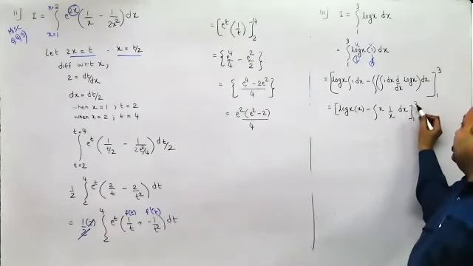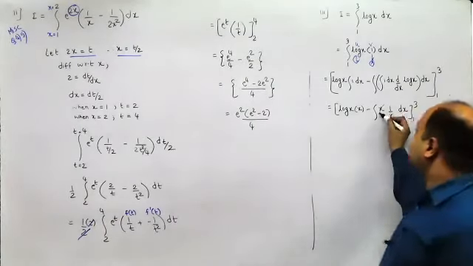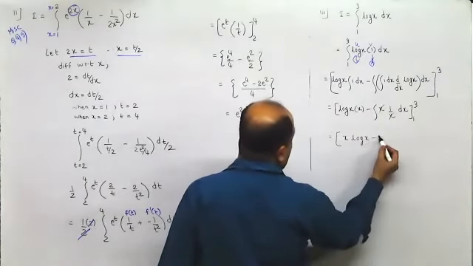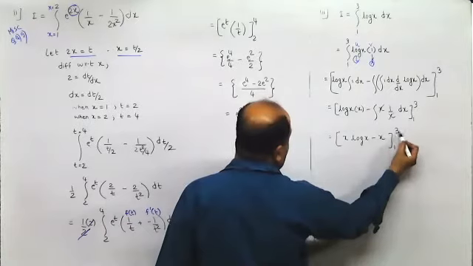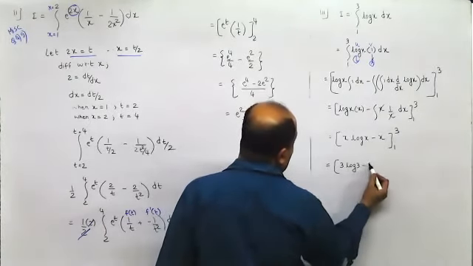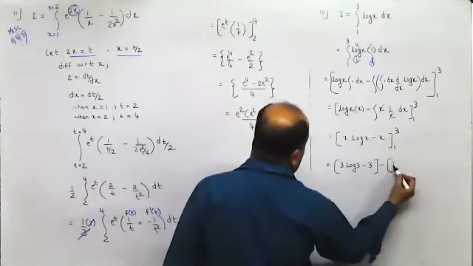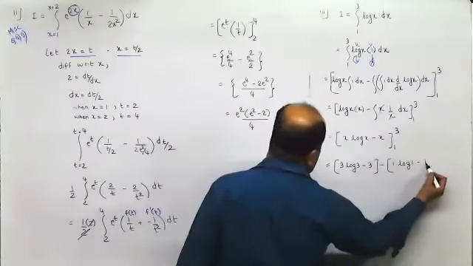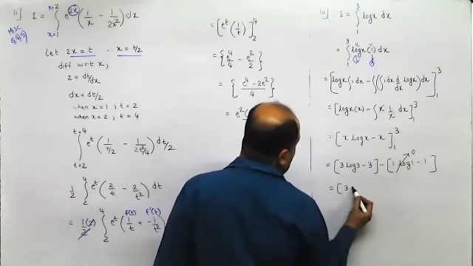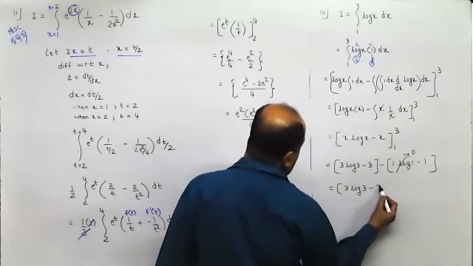Now this and this get cancelled. This is x log x minus x between 1 and 3. Now substitute the upper limit, you get 3 log 3 minus 3, and then minus 1 log 1 minus 1. Log 1 is 0. Now this would be 3 log 3 minus 3 plus 1.